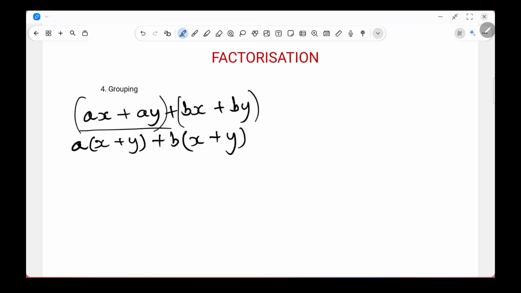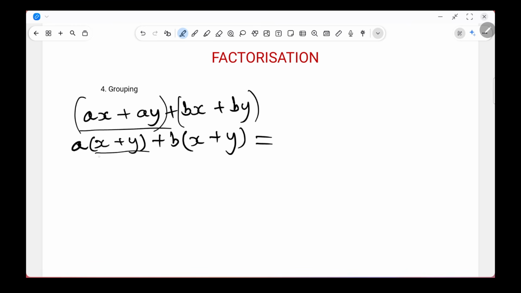Now we will take out the bracket x plus y as a common factor. It's a common bracket factor. So it will be like this.